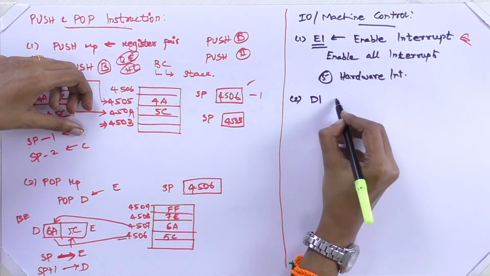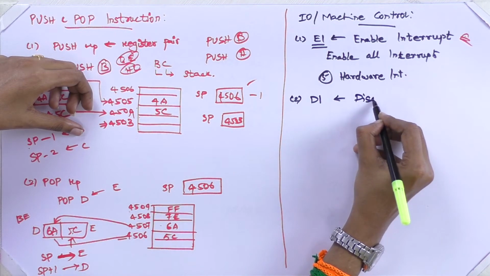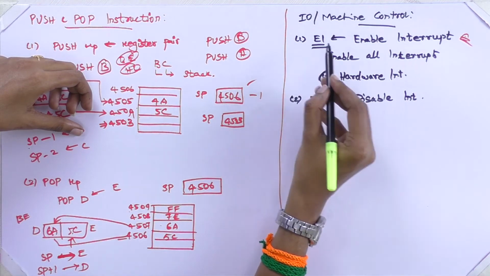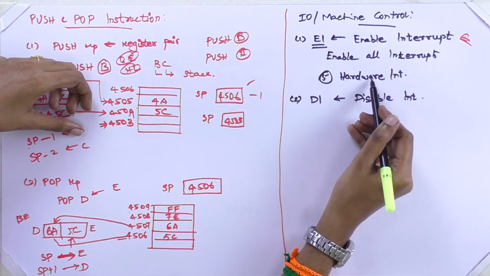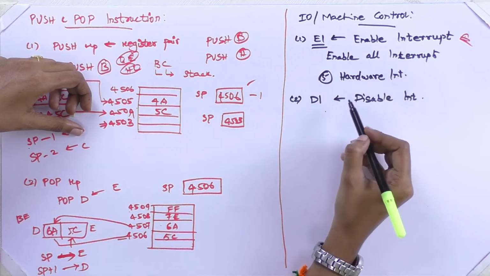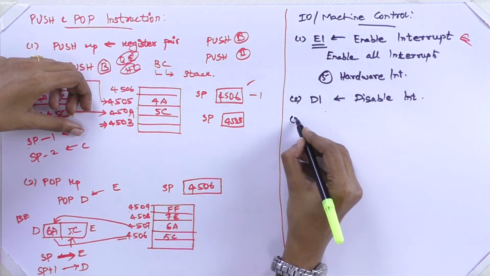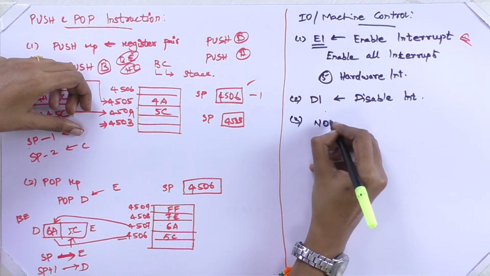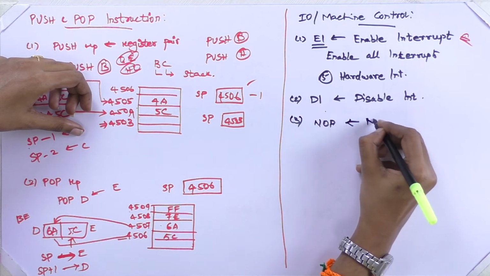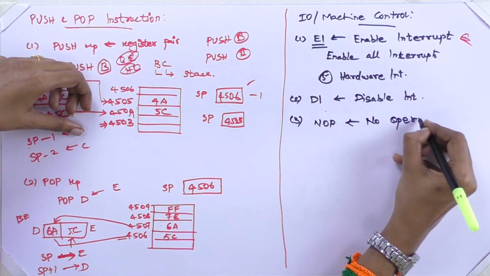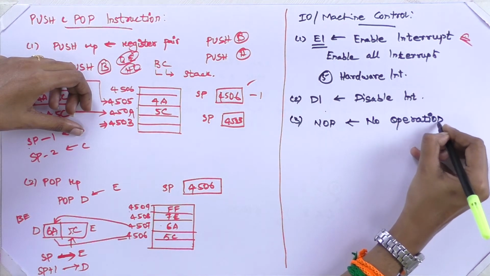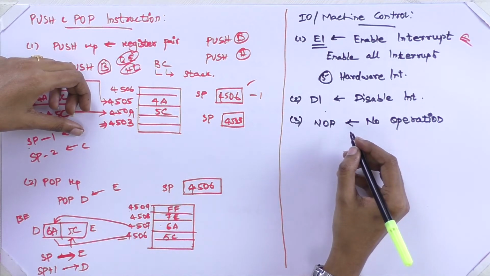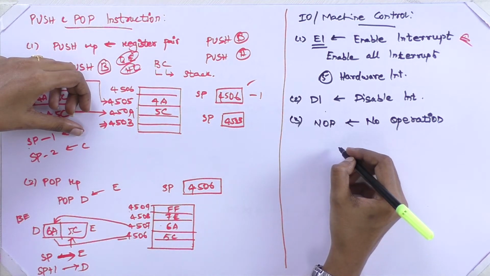The next instruction is DI, which is disable interrupt. It is just the opposite of enable. Here you are enabling all the interrupts, here it will disable all the interrupts. Next instruction is NOP, which is no operation. When your processor executes the no operation instruction, the processor will remain idle for 4 clock cycles.